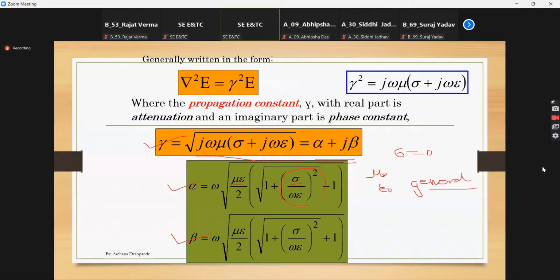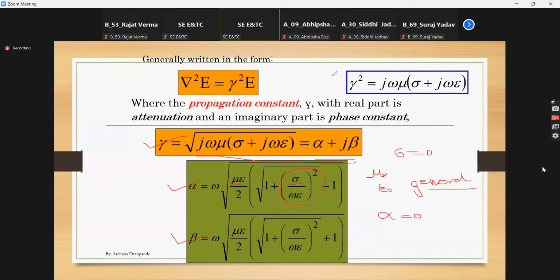So this value will be 0, so attenuation is 0. That's what we said. In free space, attenuation is 0. Attenuation does not occur because there are no charges in free space. So if you remember this generalized equation, then you can get alpha, beta, and gamma in any particular medium.